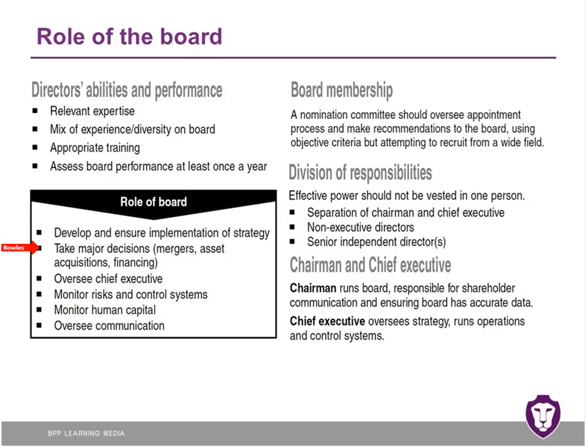Making decisions without strategy is not a very good idea. They've got to oversee the management team. They've got to obviously monitor risk systems and control systems, and they've got to communicate with shareholders. So these roles of the board are important, and I think you'll be expected to know those and to at least talk about them.